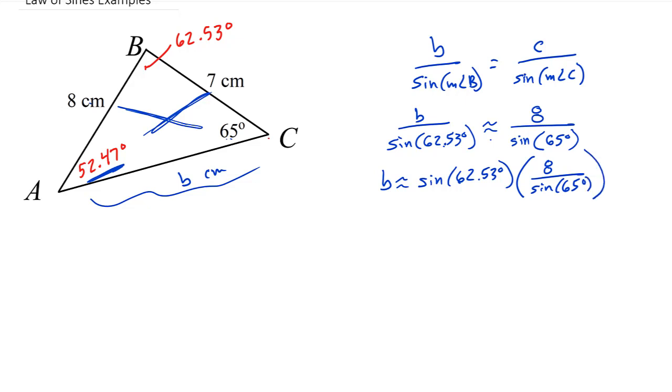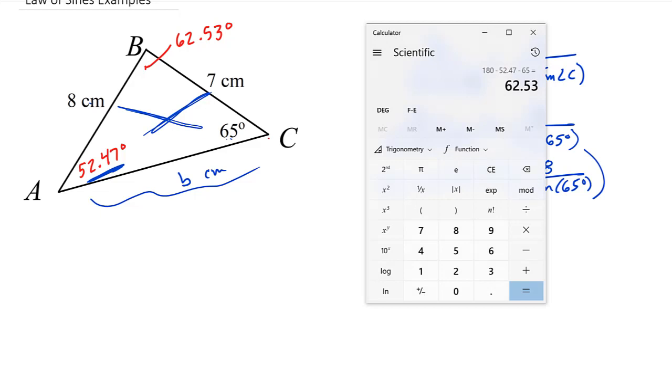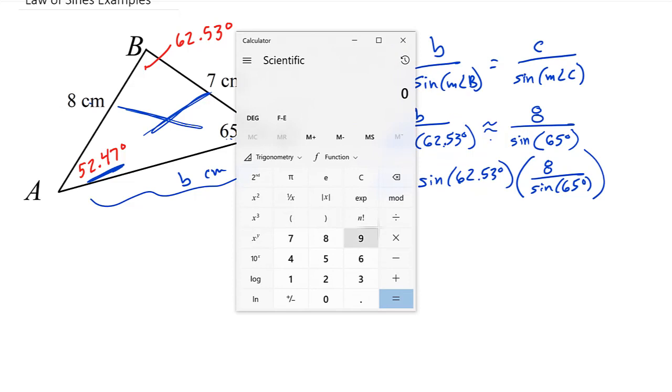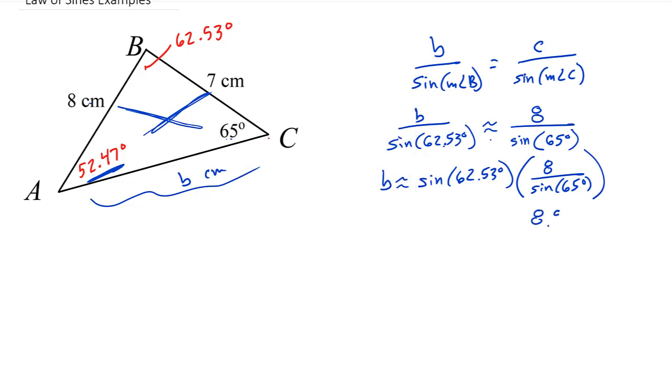And now we have to evaluate. So we will do 65 degrees, and take the sine of that value. That's about 0.9063. 8 divided by 0.9063. So we get about 8.8271.